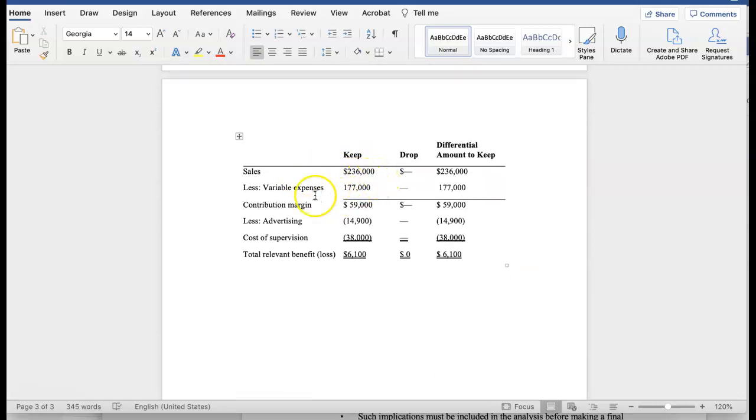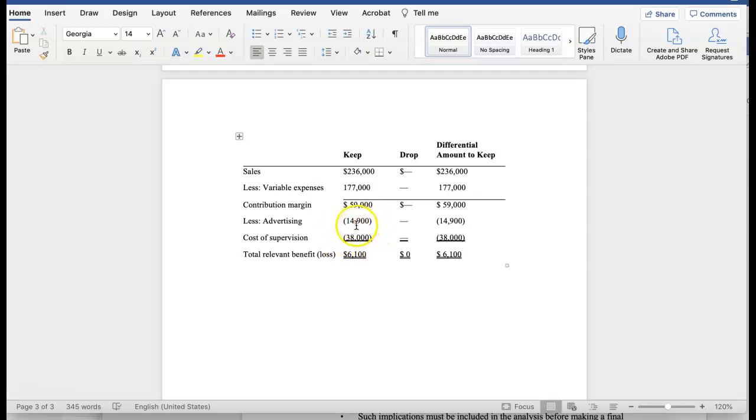We subtract the variable expenses of that line of $177,000, so our contribution margin is $59,000. In this analysis, we only include the advertising expense and the cost of supervision because those would be eliminated if we eliminate that line. So we have $14,900 of advertising and $38,000 of supervision.